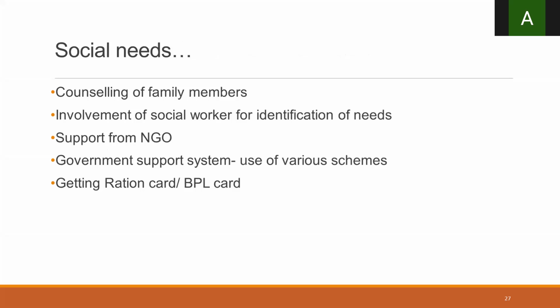That is a must for us, like getting a ration card or BPL card for the patient, so that they can have at least good food made available to them. Next slide, please.